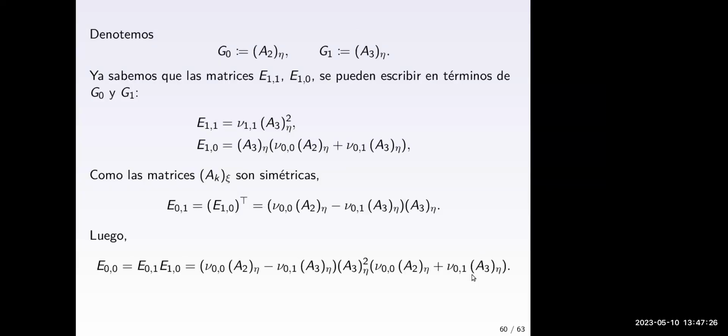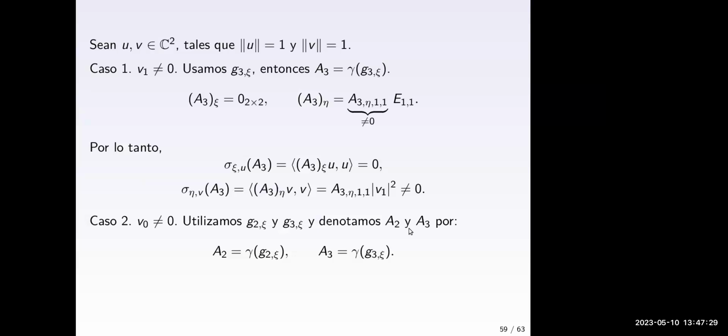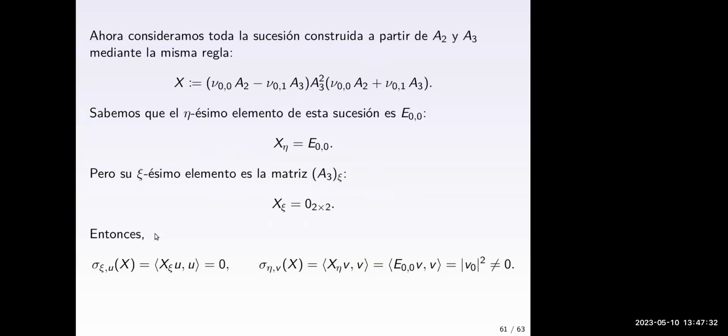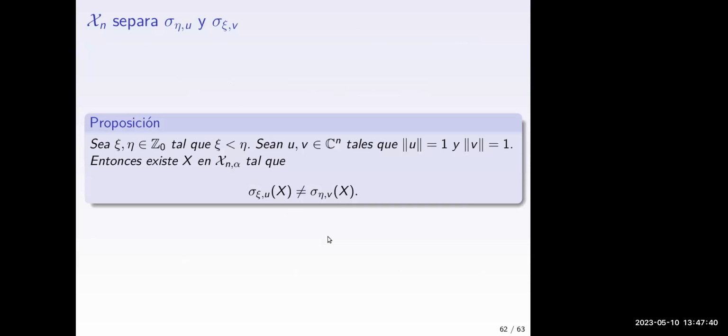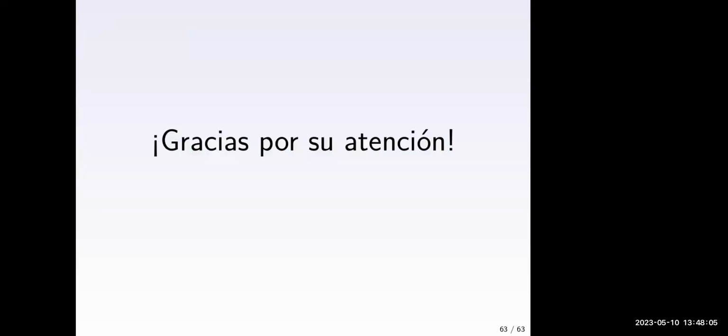But by hypothesis, it is not zero. So its square is not zero, so we could separate the states of these two pure states. So in general, we have that Xn separates the pure states with different positive frequencies in general. And I think that's all. Yes, that's all.